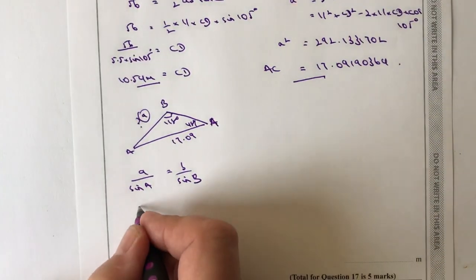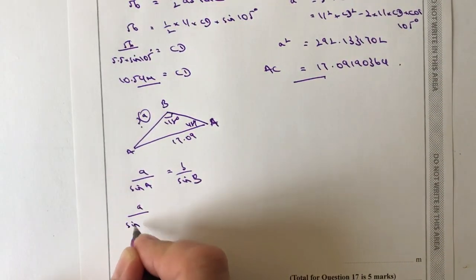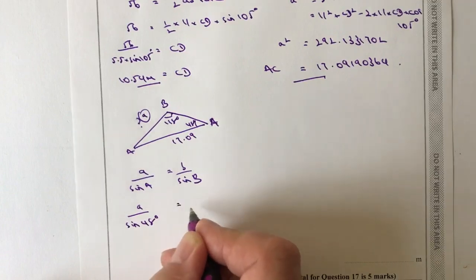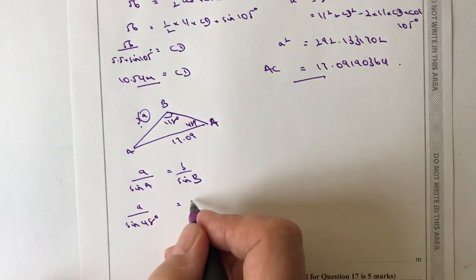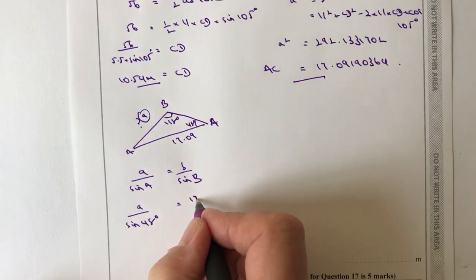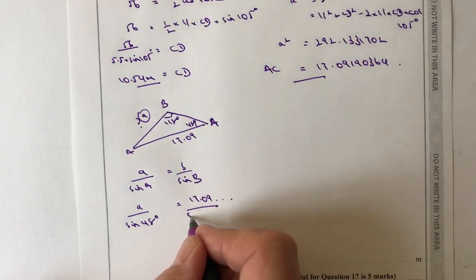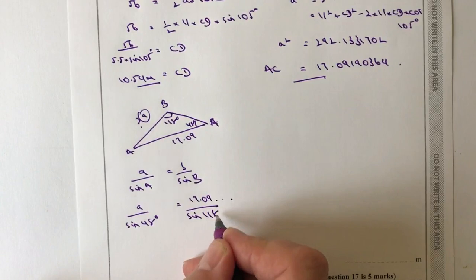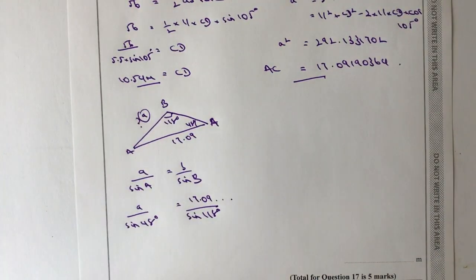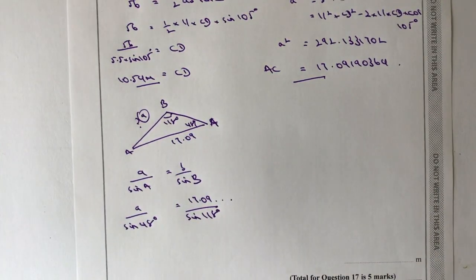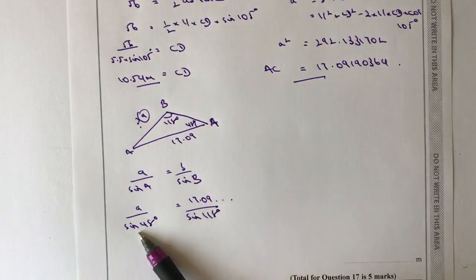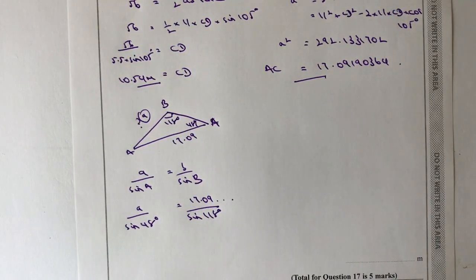So I've got A over the sine of 48 degrees equals B, which is going to be 17.09 divided by the sine of 118 degrees. I can now calculate A itself by multiplying both sides by sine 48.